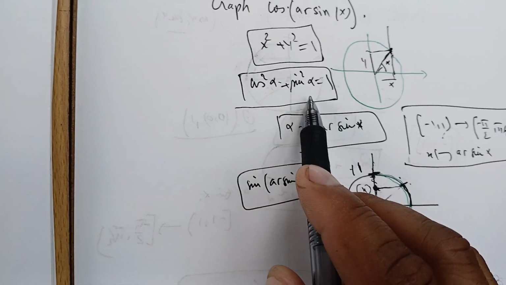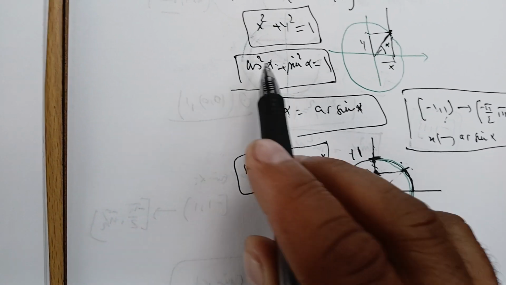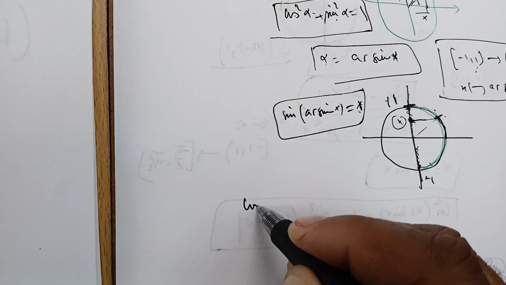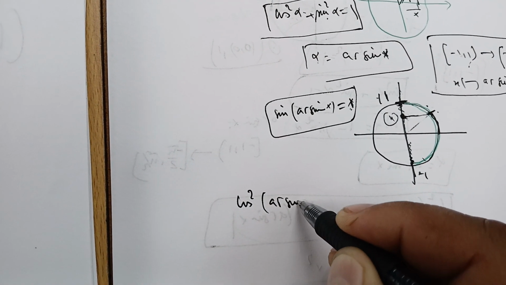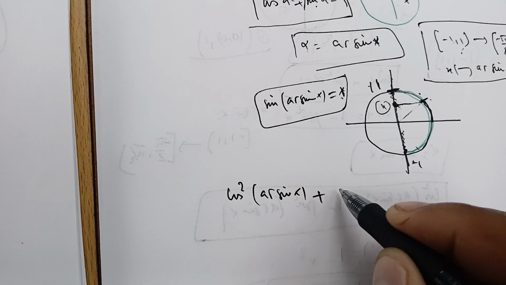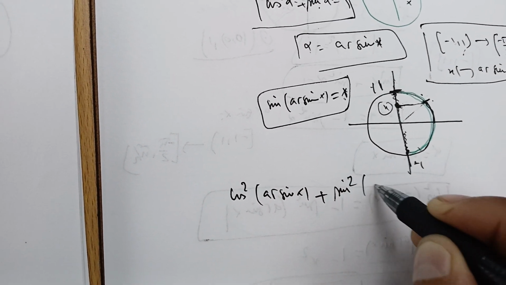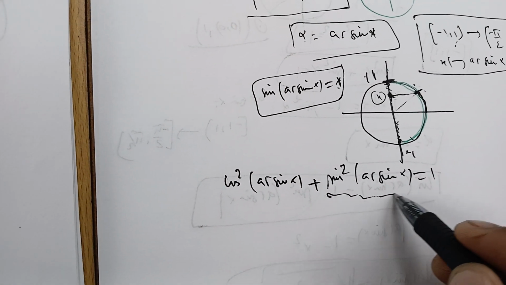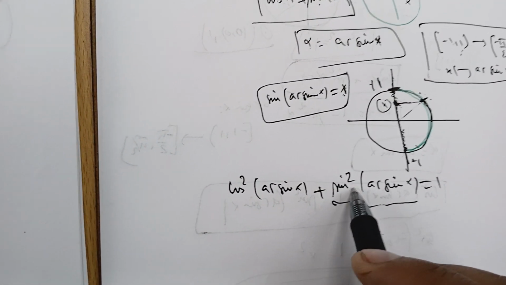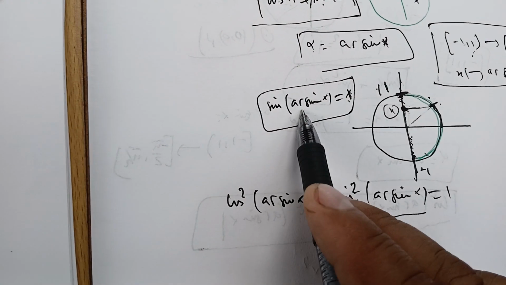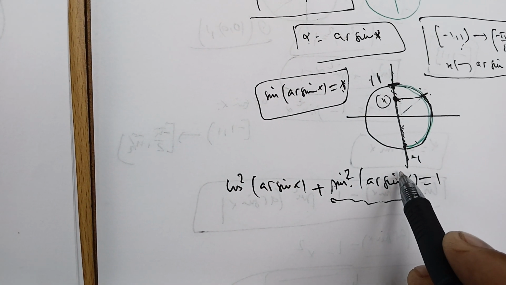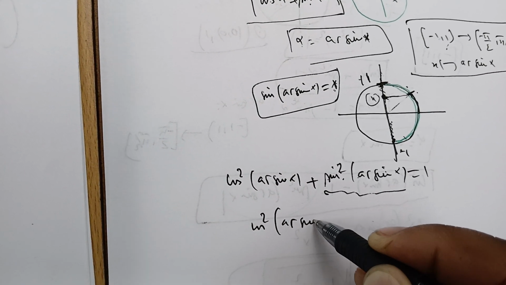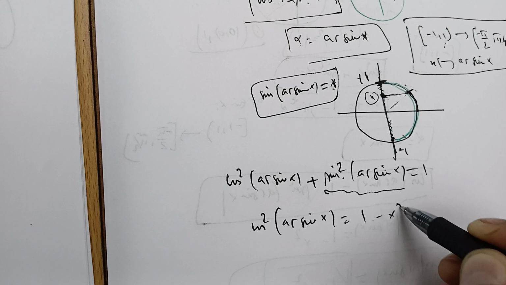Now let's use the alpha and this condition. We have cosine squared of the arcsine of x plus sine squared of the arcsine of x is 1. Since the sine of the arcsine of x is x, the cosine squared of the arcsine of x is 1 minus x squared.